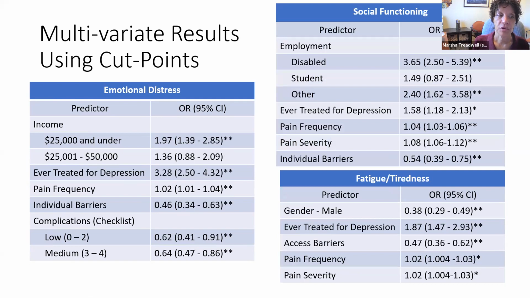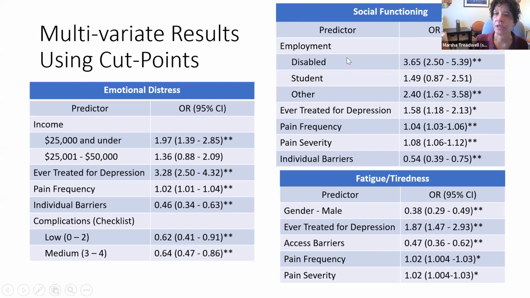And then in terms of emotional distress, income again was really important, treatment for depression, pain frequency. So we're seeing some consistent variables across the patient-reported outcomes, with again fewer complications being protective in relationship to emotional distress.